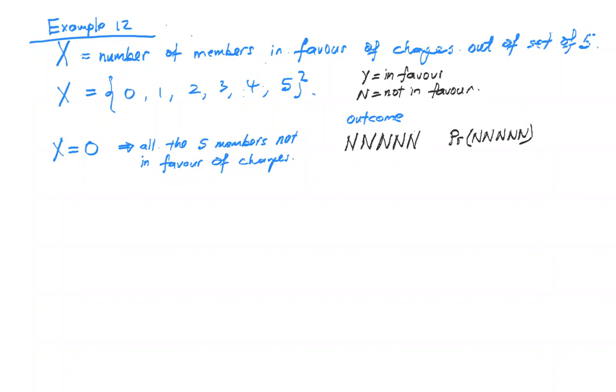It's an N, correct? So you multiply by the probability, correct? So what is the probability of not in favor? In this case, 0.28. So I multiply 0.28 how many times? 5 times.